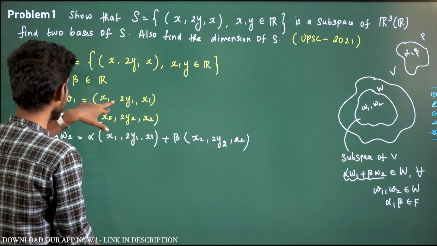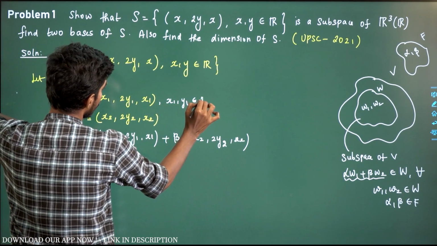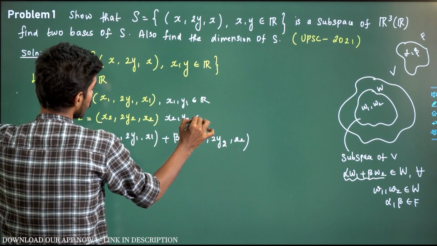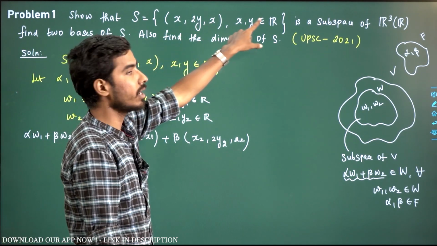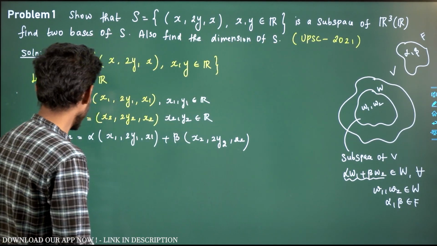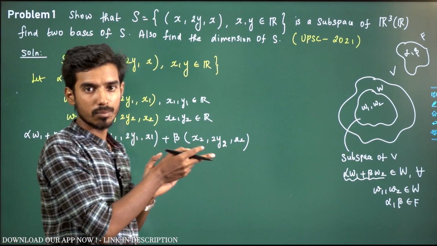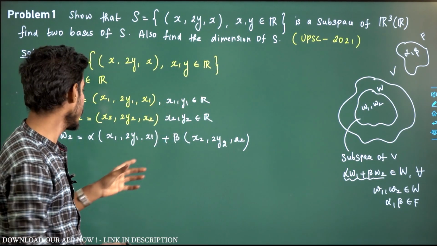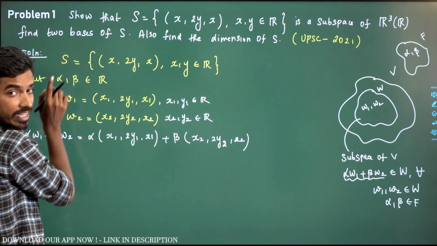Remember, these x1, y1 and these x2, y2 are real numbers. We need to show alpha times W1 plus beta times W2 is also in W. Here W is S, so we need to show that this element is also in S.